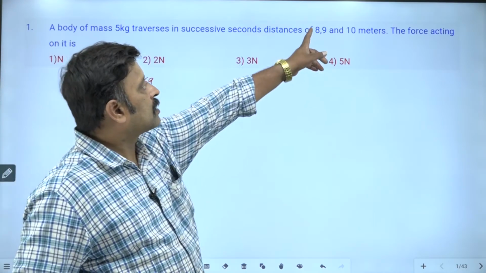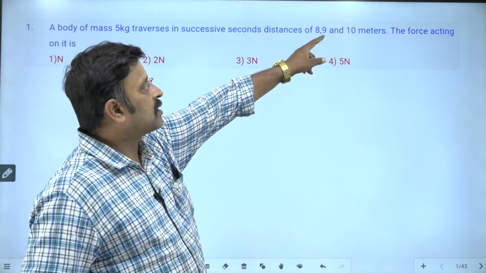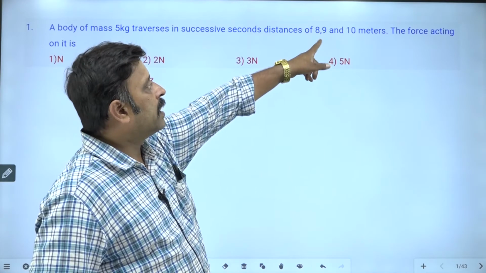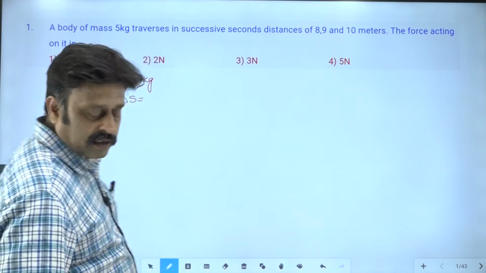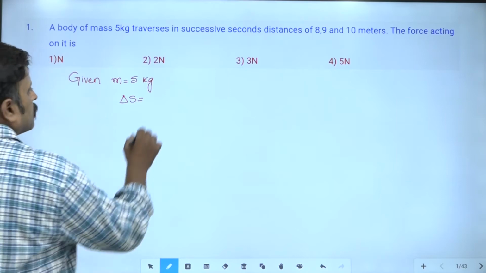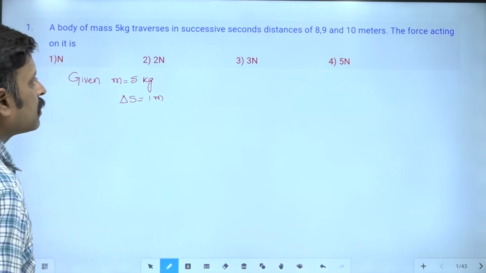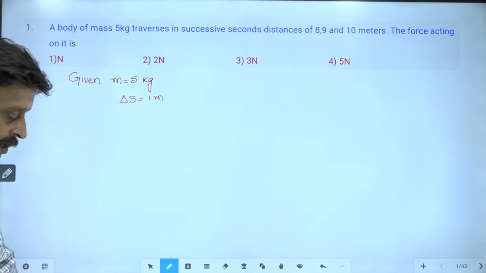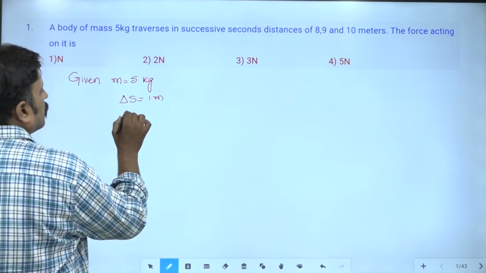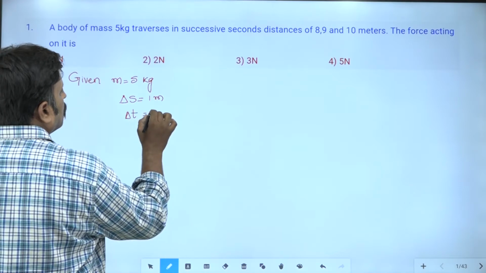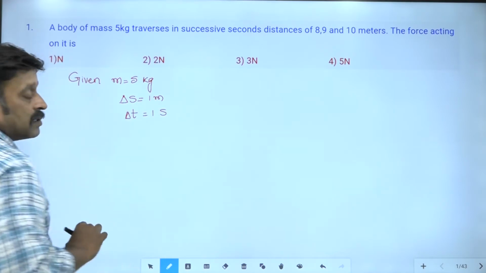What is the change in distance? Difference between two successive distances, 8 and 9 or 9 and 10. What is the difference? 1 meter. Okay, and successive seconds he said, that means change in time is 1 second.